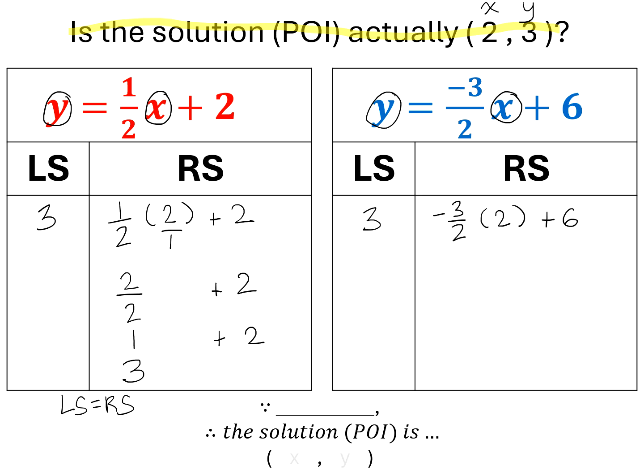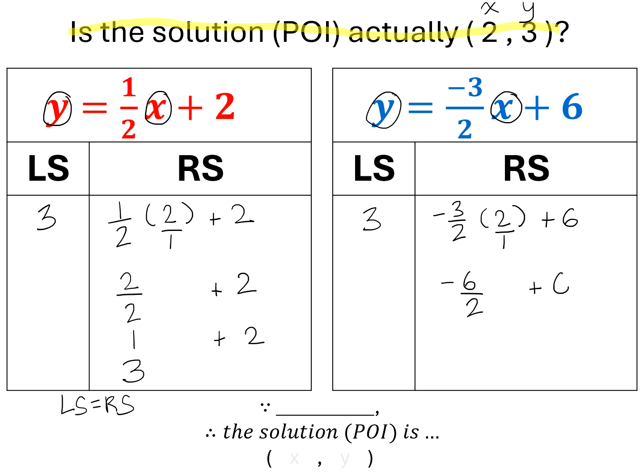According to the order of operations, we want to multiply first before adding. We have negative 3 over 2 times 2, which is the same thing as negative 3 over 2 times 2 over 1. When you're multiplying fractions, you just have to multiply the numerators and multiply the denominators. So negative 3 times 2 is negative 6, and 2 times 1 is 2.